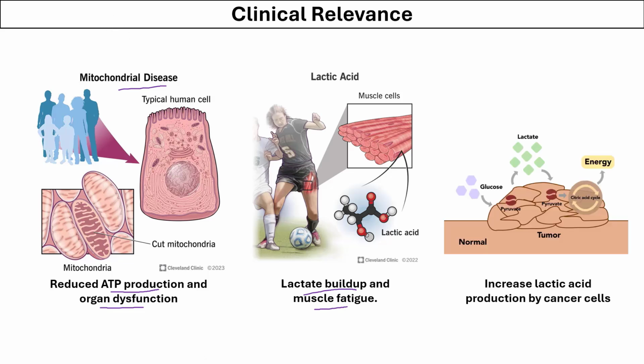Lactic acid production is also increased in the cancer cells because the cancer cells respire and use energy at a very fast rate, and sometimes they are not able to consume oxygen at a high efficiency. So they produce a lot of lactic acid, and this lactic acid is also used by these cells to form more and more energy to keep on replicating.